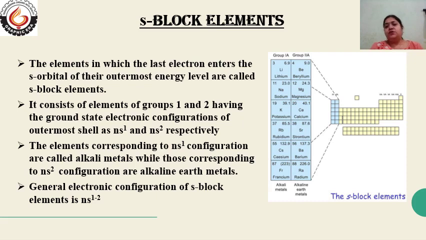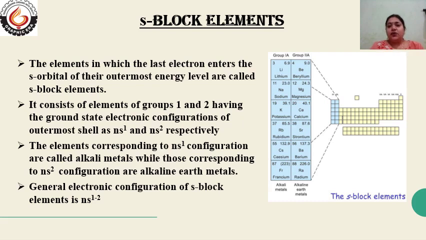The outermost s orbital has a single electron, whereas group 2 elements, beryllium, magnesium, calcium, strontium, barium and radium, have the general configuration ns2. That means the outermost s orbital has 2 electrons. That's why the valency of group 1 is 1 and the valency of group 2 is usually 2.